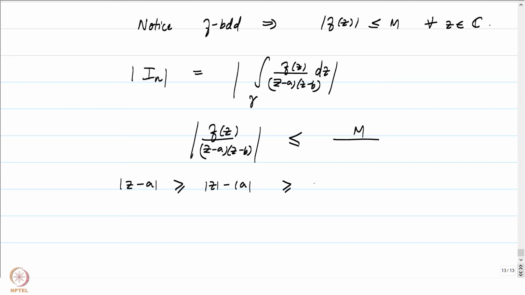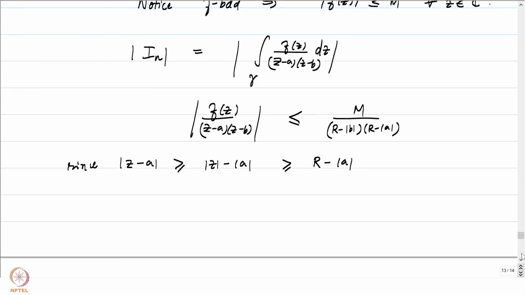So this is greater than or equal to R minus mod a, and similarly mod z minus b is greater than or equal to R minus mod b, and therefore 1 by the absolute value of these is less than or equal to 1 by (R minus mod b) into (R minus mod a).